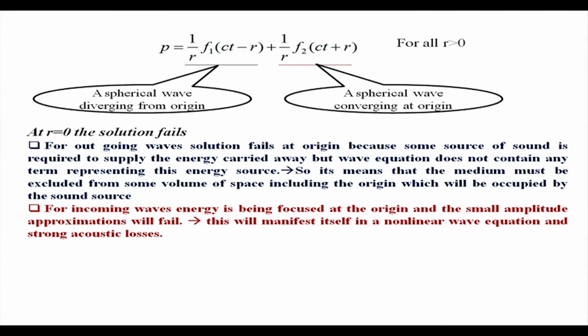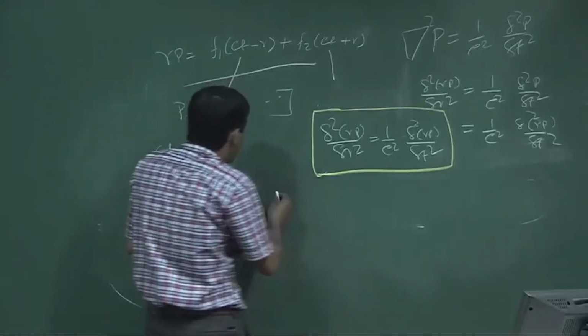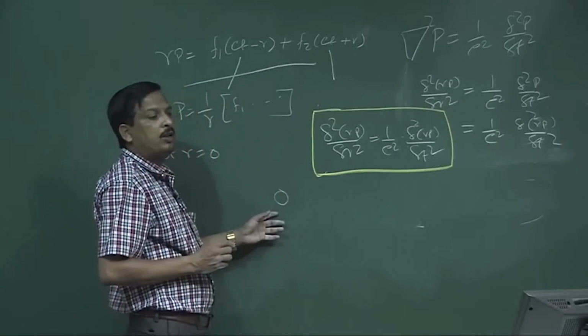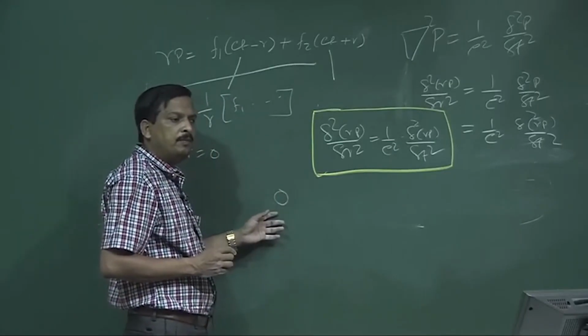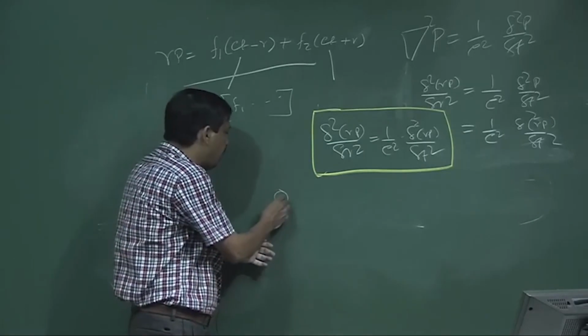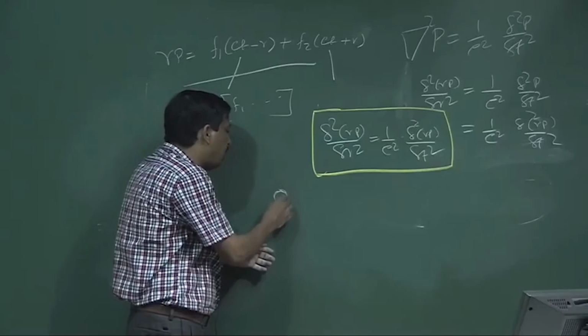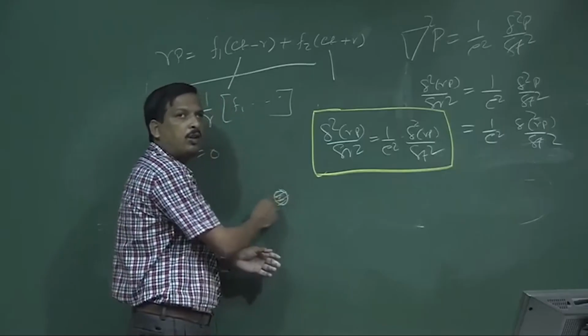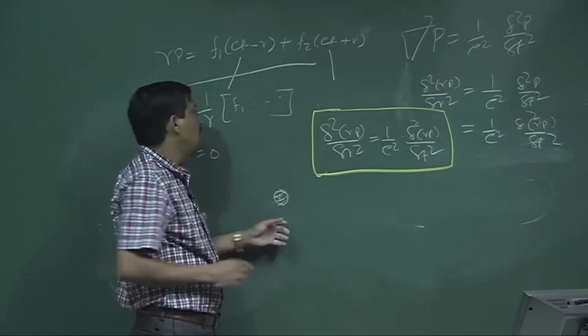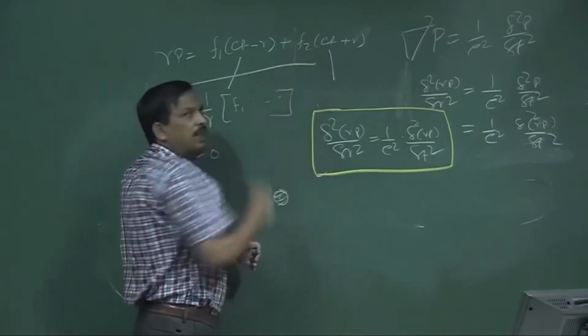So, it means that some volume must be excluded from the medium. That space at the origin is acquired by the sound source or acoustic source.